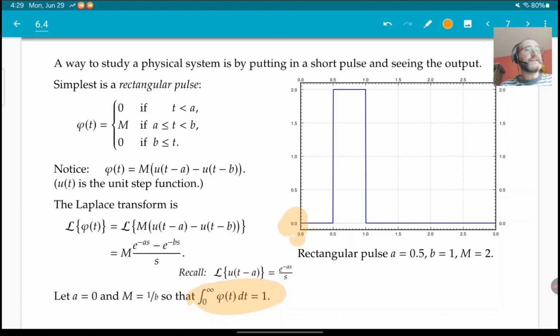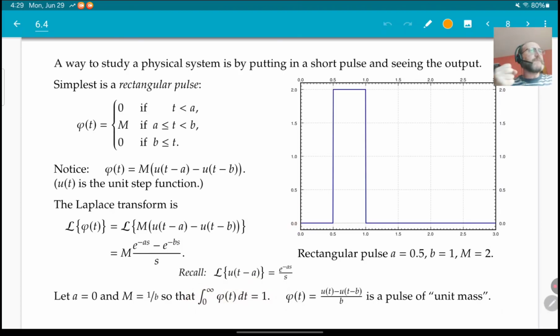It's a rectangle whose width is b and whose height is 1 over b, so the area is 1. We can think of this as a pulse of unit mass. No matter what b is, we want the same amount from this pulse, the same kind of poke.